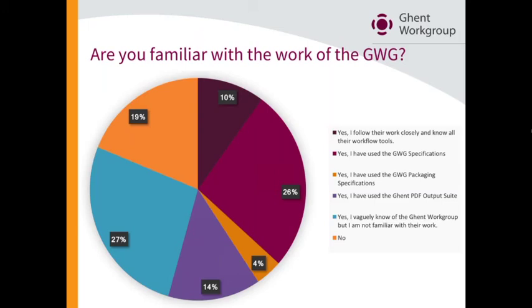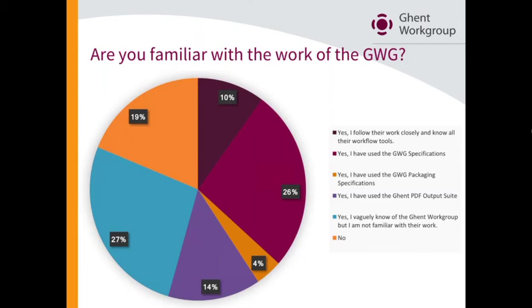A major piece of work that we do is the Ghent PDF Output Suite, which is a test suite for workflows and RIPs. It's very easy to visually interpret whether a workflow or RIP has done the right thing. It tests a whole bunch of features across the PDF specification, things like overprint, support for fonts, transparency support, all of these things.